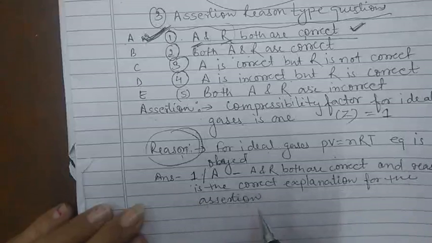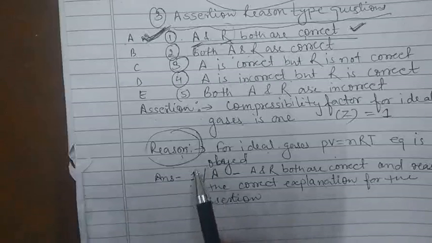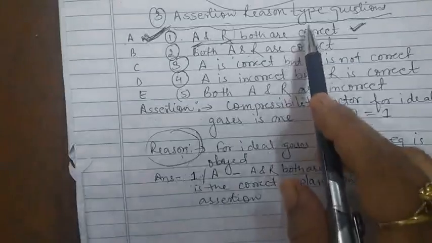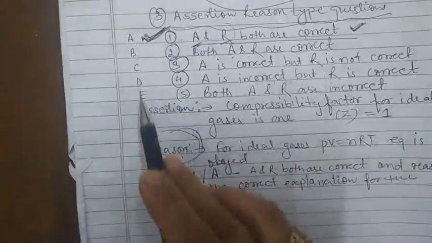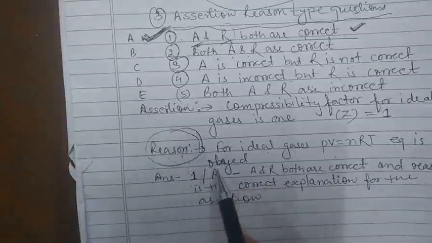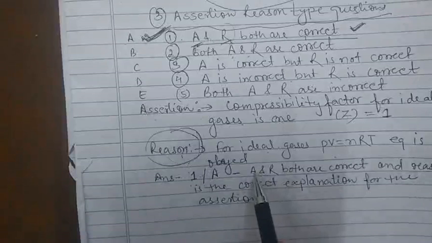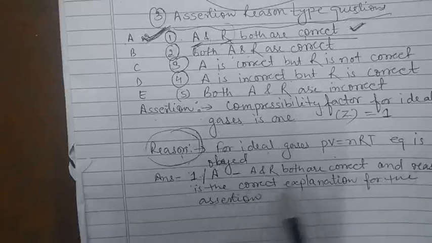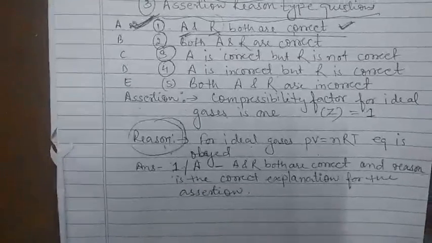So you can write the answer either this way, or write 1. If A, B, C, D is written, you can write A, or you can write the whole statement.